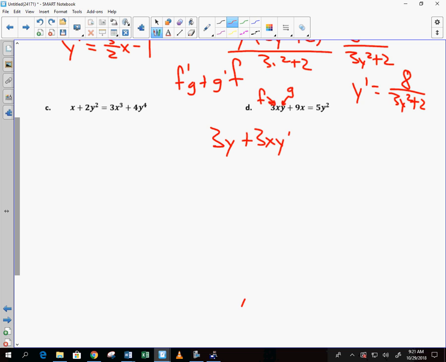So our rule for the product rule is f prime g plus g prime f, right? So we have the derivative of 3x is 3 times y, plus g prime, the derivative of y is y prime, times f left alone, which is 3x.